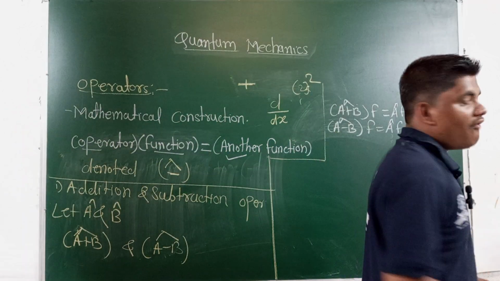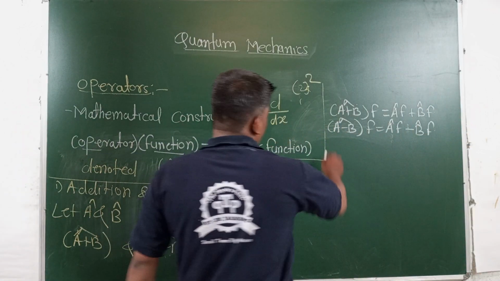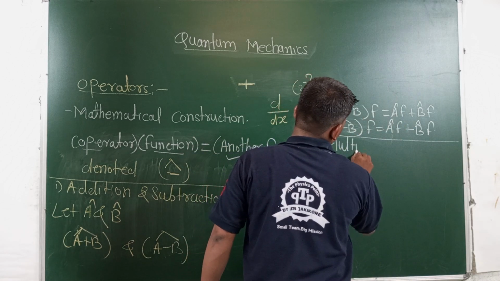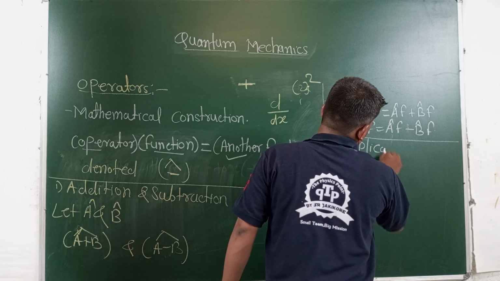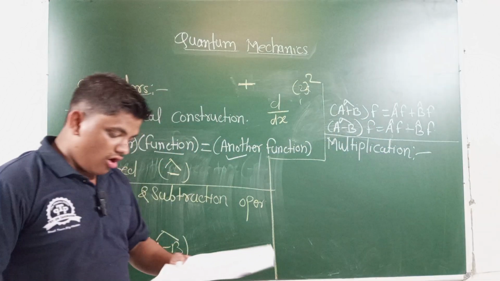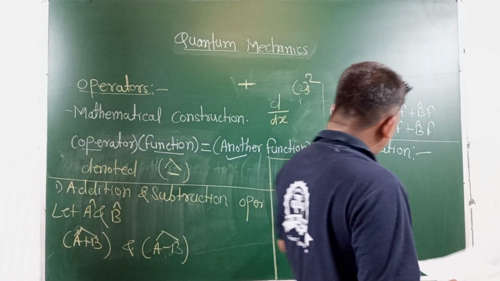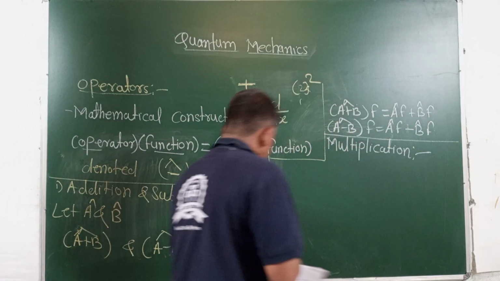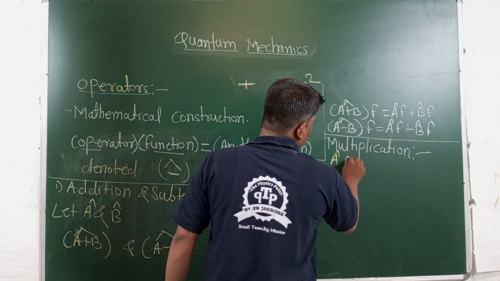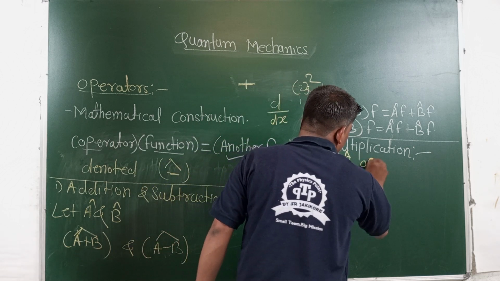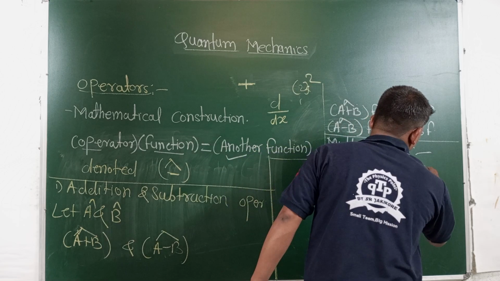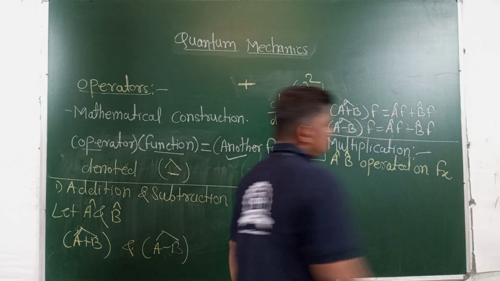Now multiplication of operators. Here also we take the same operators. Let us take the operators a cap and b cap operated on the function f of x.